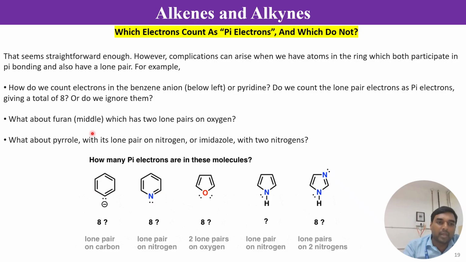For example, benzene with a negative charge, pyridine with one lone pair, furan with two lone pairs, pyrrole with one lone pair, and pyrazole kind of molecules, which have two lone pairs. So what is the condition, especially when we have lone pairs of electrons, whether they need to be considered as pi electrons or not.